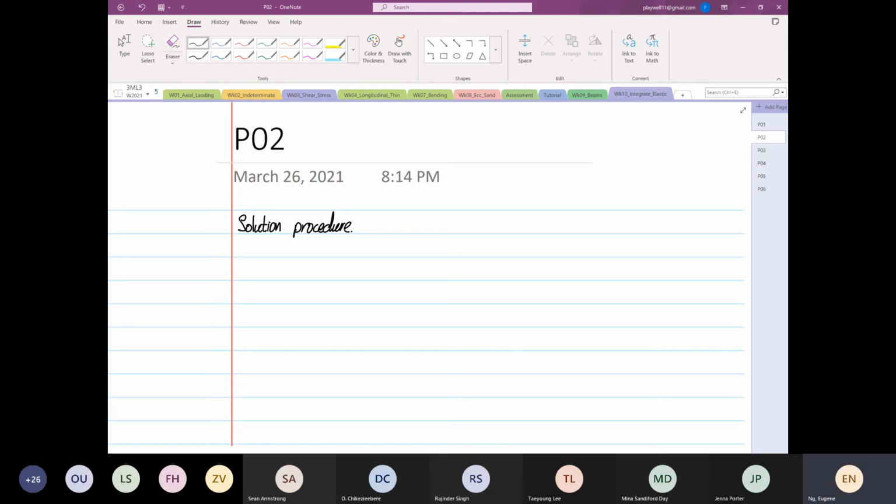So now, first of all, we have to find the equation of the distributed load. And then we are going to substitute.